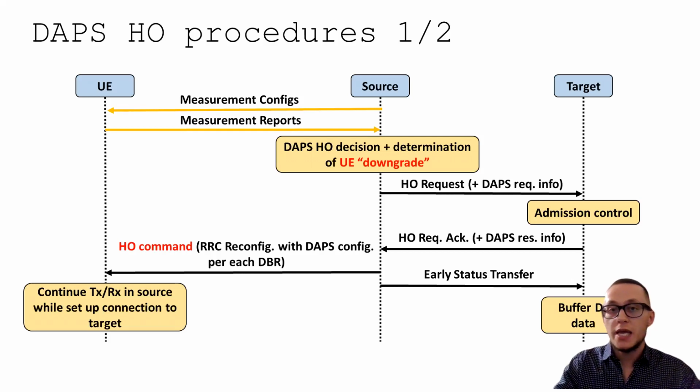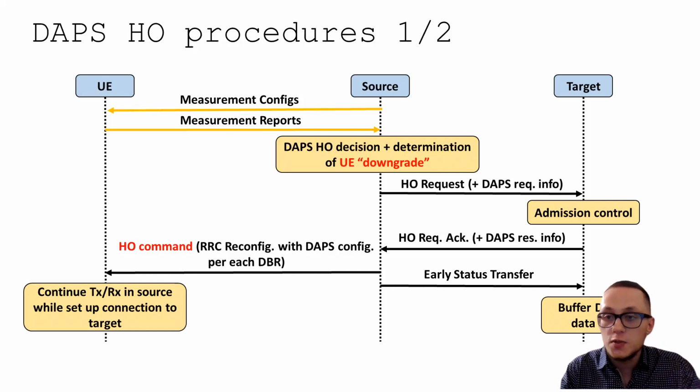Now let's look at the handover diagram. This is a simplified diagram, of course, for better understanding, and the UE is configured with measurement reporting. At a certain time, it reports RSRP measurement reports in the uplink direction, and if the source cell, based on those reports and other aspects, decides to perform handover, it may send a handover request with special DAPS requirements info to the target cell.